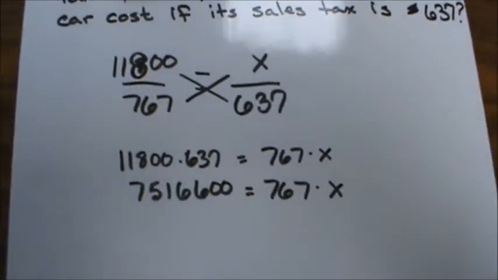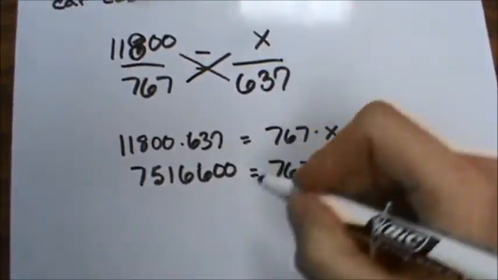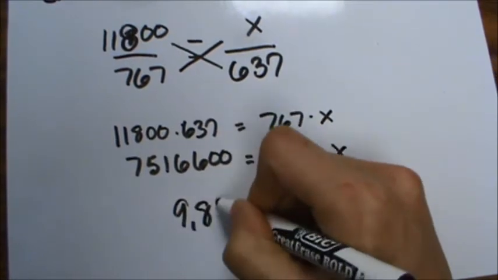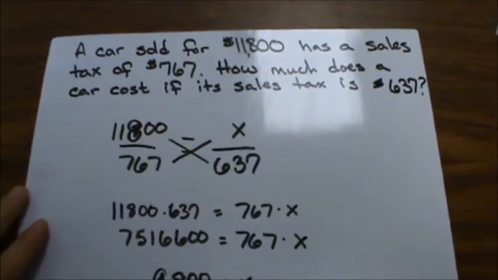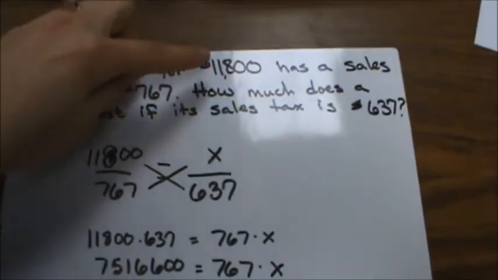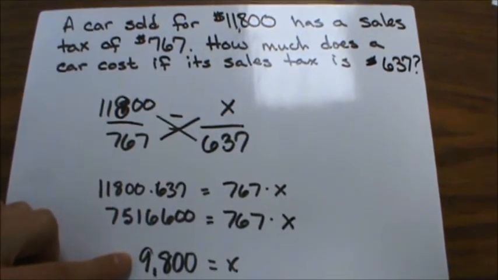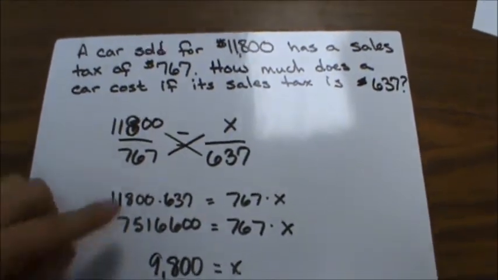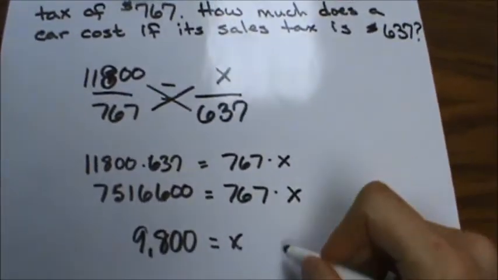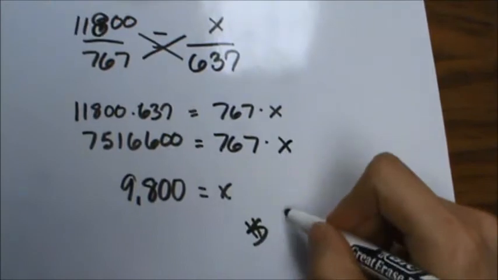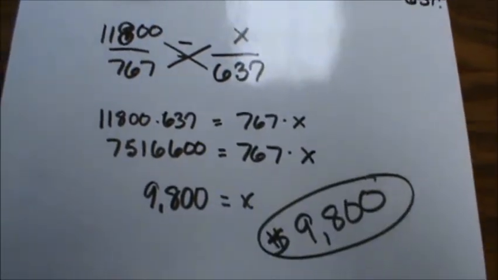So now if I divide by 767, I get 9,800. And that seems a reasonable answer to the question, seeing as this car was $11,800. For a car to be $9,800 is about in that ballpark. And this tax was bigger than this tax. Make sure in a word problem that we're including the label into the answer. So we're looking at $9,800.